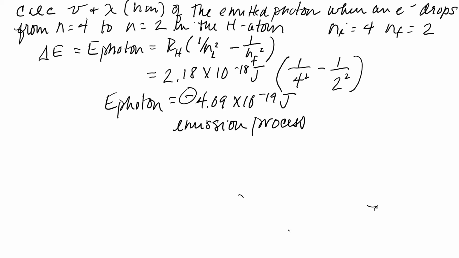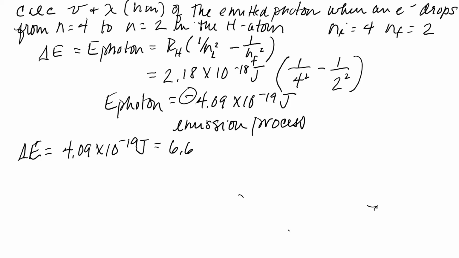Okay. Now we're asked to calculate frequency. Frequency is always positive. We have delta E, but because frequency is always positive, we drop the negative given by that emission process.